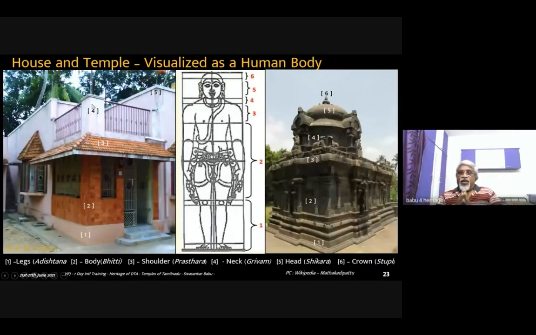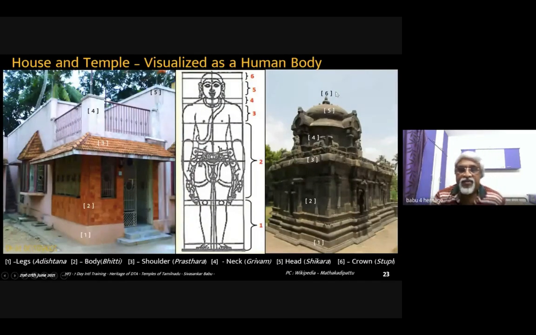So if you look back, instead of trying to understand different parts and then memorizing them, visualize it as a house or a body, and compare: leg as Adhisthana, body as Bitti, shoulder as Prastara, neck as Griva, head as Shikara, and crown as Stupi.